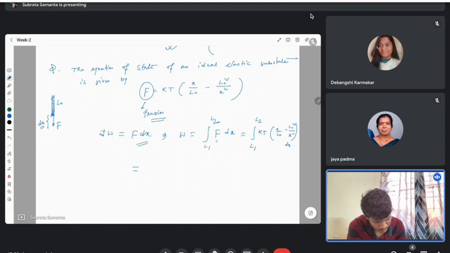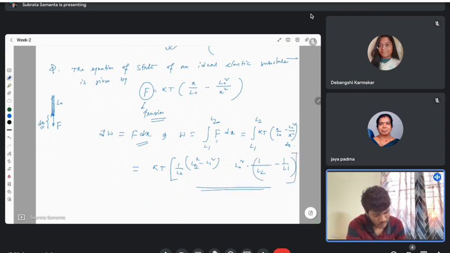So I get a formula: kT times 1 over L0 times (L2 square minus L1 square), and then minus 1 over L0 square times (1 over L2 minus 1 over L1). So now put different values of L1, L2, and I get that.